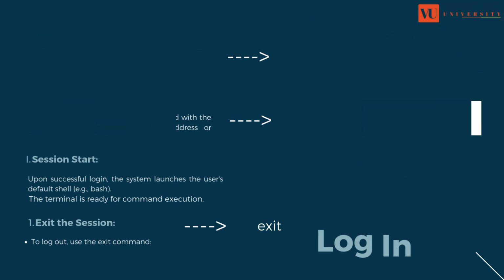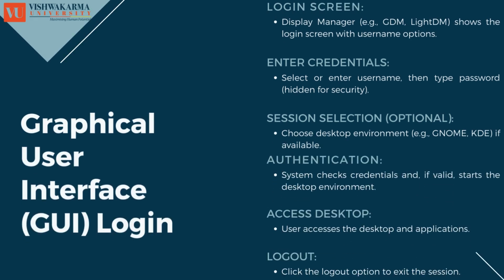Moving further ahead, my sixth slide is graphical user interface GUI login. As you can see in this slide, first is the login screen, second is enter credentials, third is session selection option, fourth is authentication, fifth is access desktop, and last one is logout. Basically, login screen: the display manager, GDM or LightDM, shows the login screen with the user options. Second, enter credentials: select or enter the username, then type the password, hidden for security.